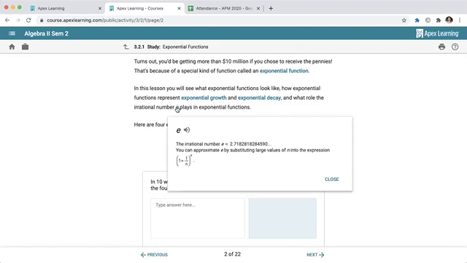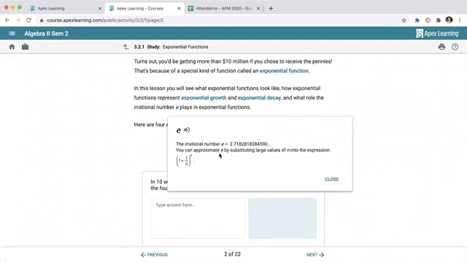Above that, you have STO, which means store. And then you have this LN button, and we'll talk more about LN later. But if you look right above LN, mine's in blue, whatever your second color is, you can see this e to the power of x. And that's standing for this irrational number e.